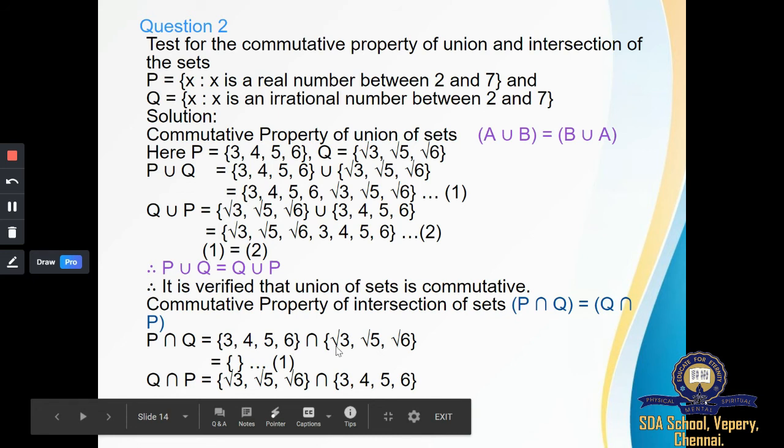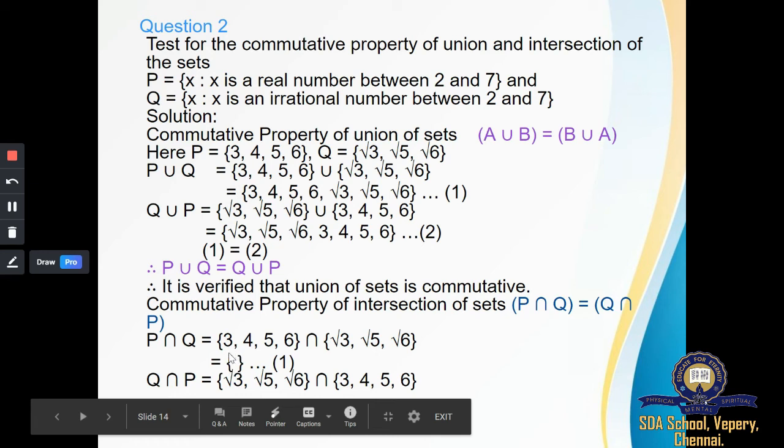I have to write the set P and then set Q over here. So do you find anything common between them? No, right? You cannot say 3 and root 3 are common. Be very careful, students. Likewise, root 5 and root 5 are also not equal to each other. They both are completely different. So there is nothing common between them.